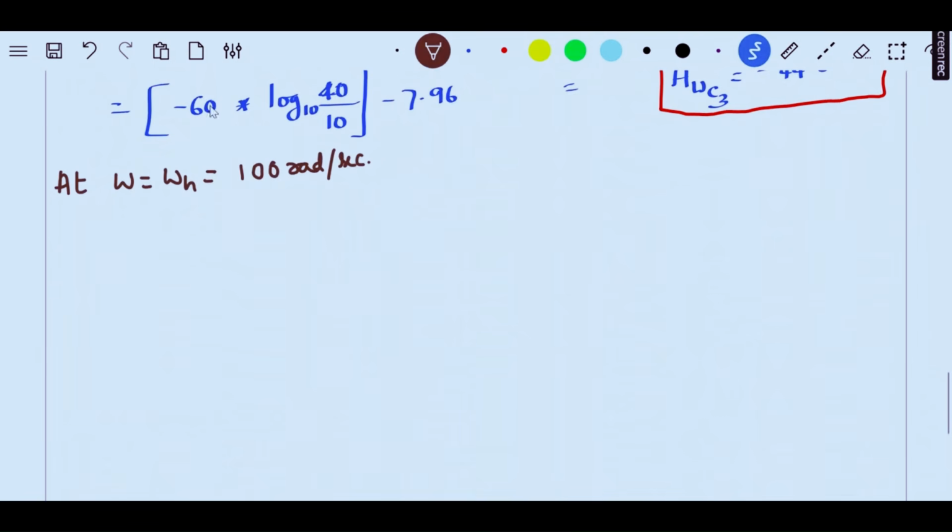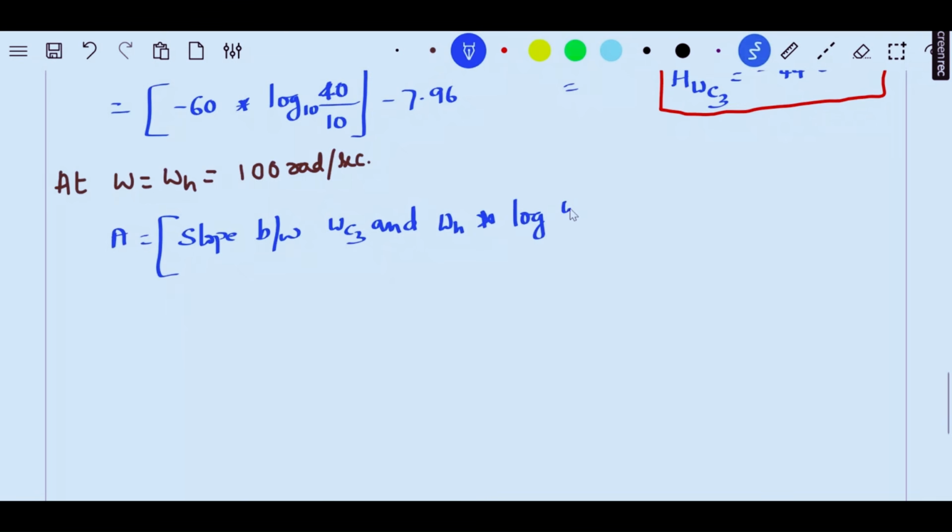So the formula for gain A is A equals slope between omega C3 and omega H multiplied by log of omega H by omega C3 to the base 10. This is added with the gain calculated at omega C3.